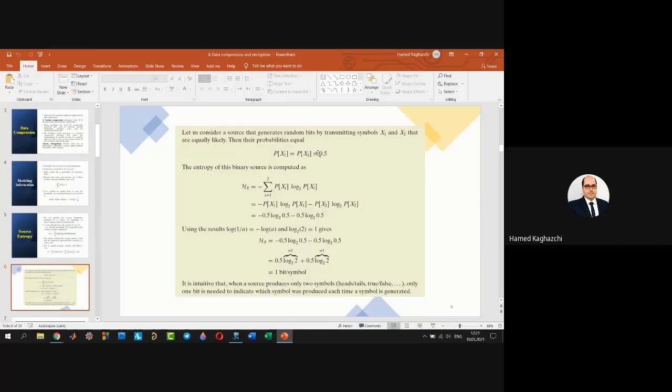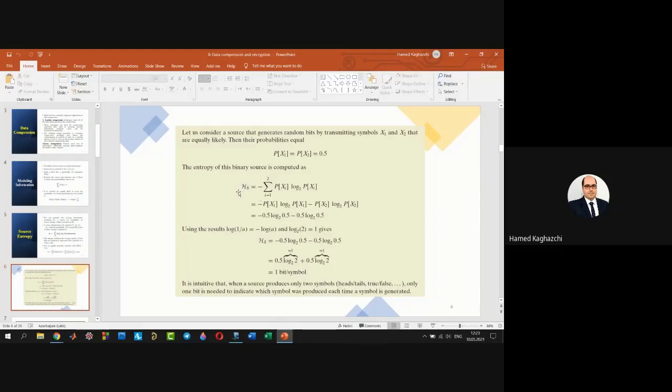Substituting 0.5 for P(x1) and P(x2) and calculating this value, I find that 1 bit per symbol is the average number of bits that I can use for transmitting the data produced by the source.